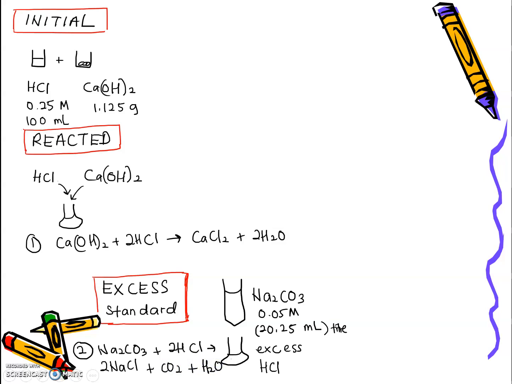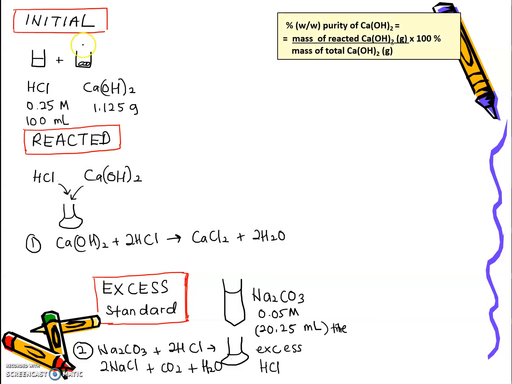Okay, so the question is to calculate the percentage of weight per weight purity of calcium hydroxide, which means the mass of reacted calcium hydroxide in gram over the mass of total sample calcium hydroxide in gram times 100%.